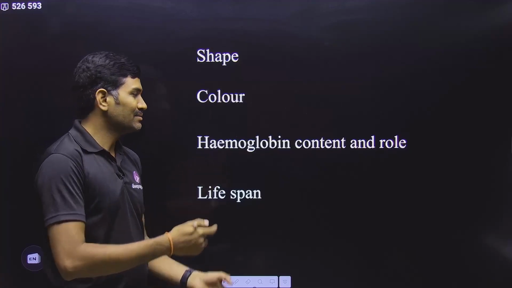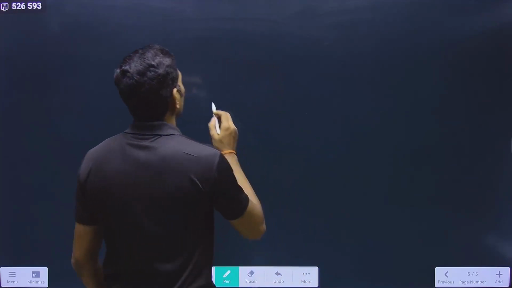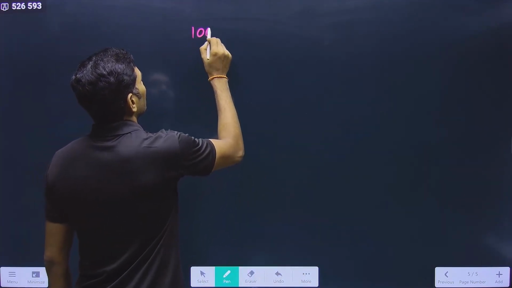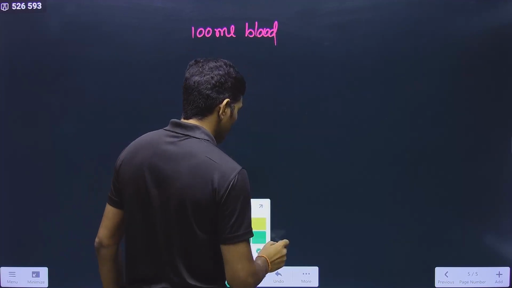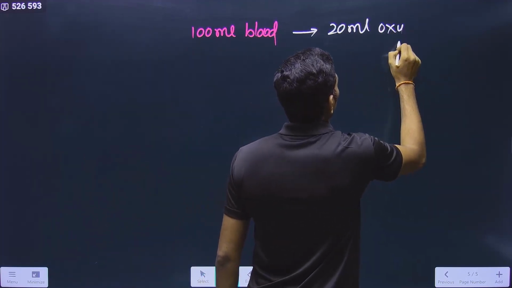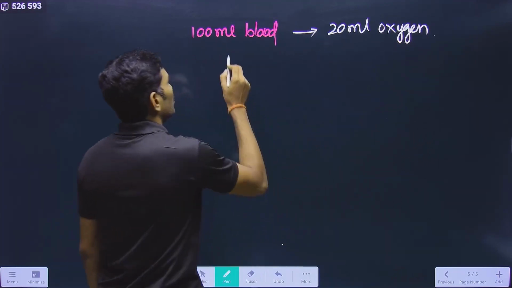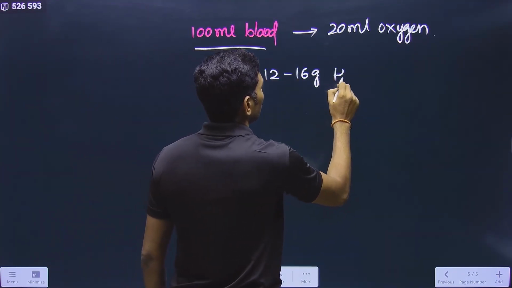Very, very important one. And then what is the hemoglobin role? Already in the previous chapter, breathing and exchange of gases, we studied about this. What we studied? 100 ml blood will carry 20 ml oxygen. What is the calculation we took there? 100 ml blood has approximately 12 to 16 grams hemoglobin.